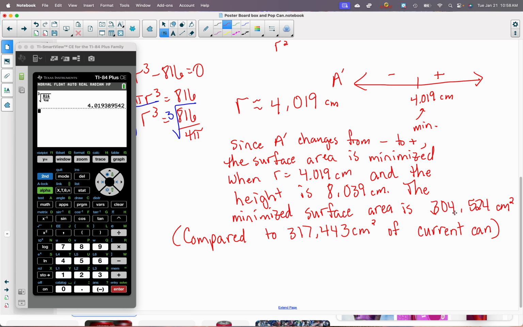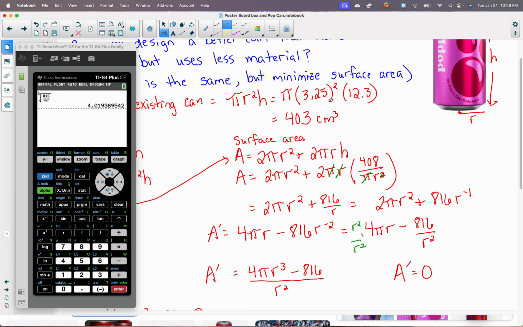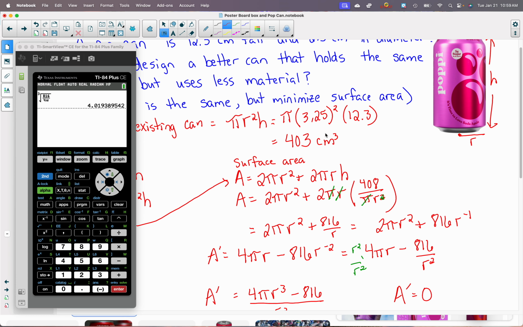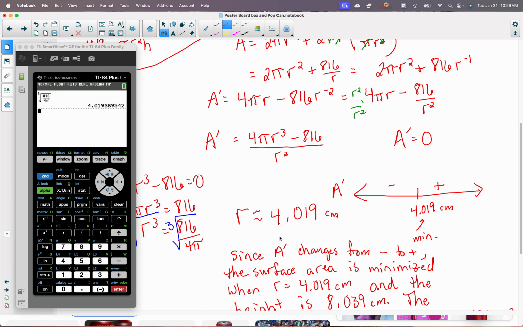So some of the other things, a reason why they might not change that is if you think about the average size of a person's hand holding a can, that can be an issue. Remember our radius was 3.25. We would be changing that to 4.019, which means the diameter would be over 8 centimeters.